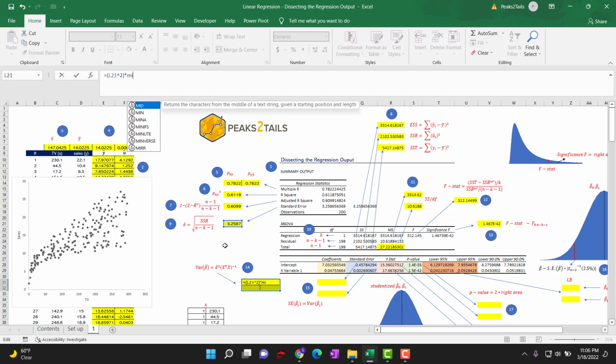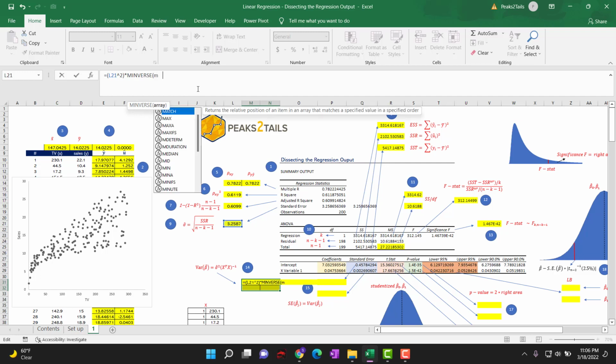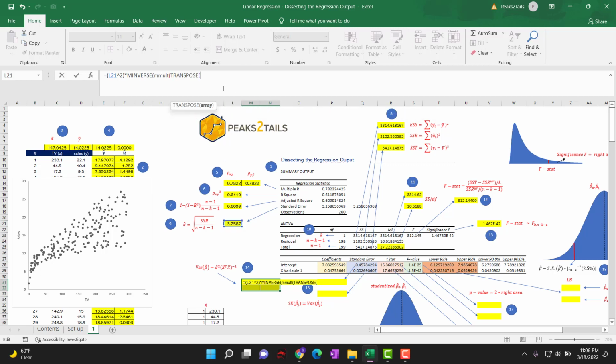So let me start MINVERSE, which stands for matrix inverse, MMULT, that is matrix multiplication of X transpose X. So first transpose of X, then X, bracket close, bracket close. I have to press Control Shift Enter because the output is an array. So here I get the variance covariance matrix of the beta estimates.